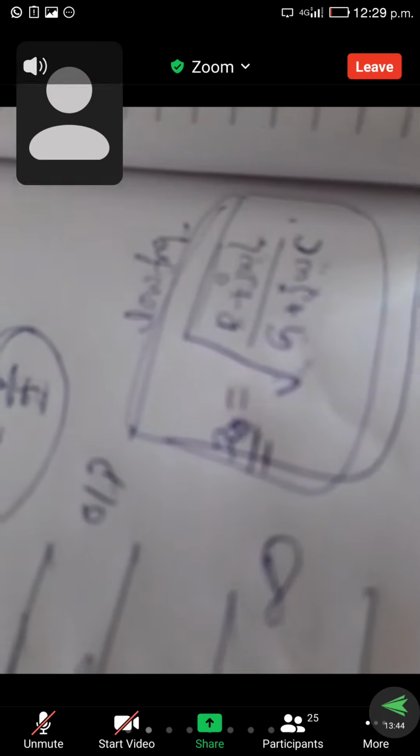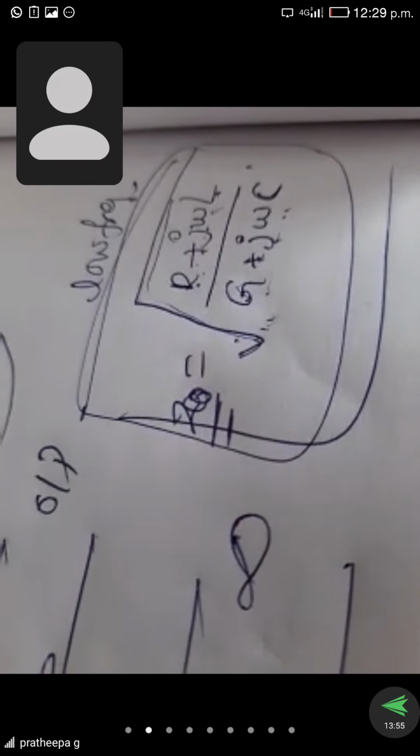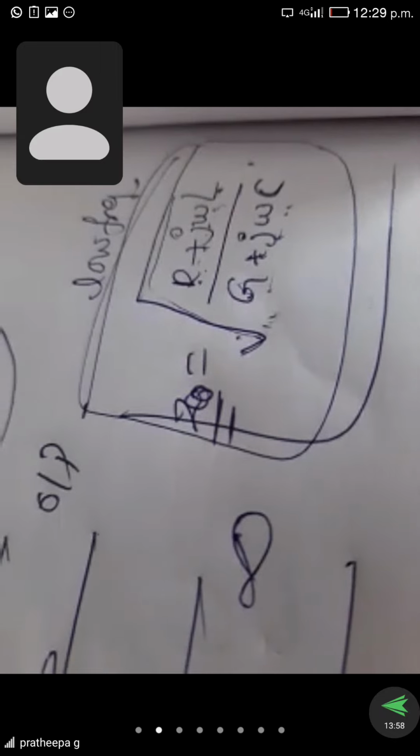What is Z0 at high frequencies? Can anyone say? What happens in this equation when we consider high frequencies? No one? What did you hear in yesterday's class? The root cancels. Does the root cancel? Where did the lossless transmission line come from?